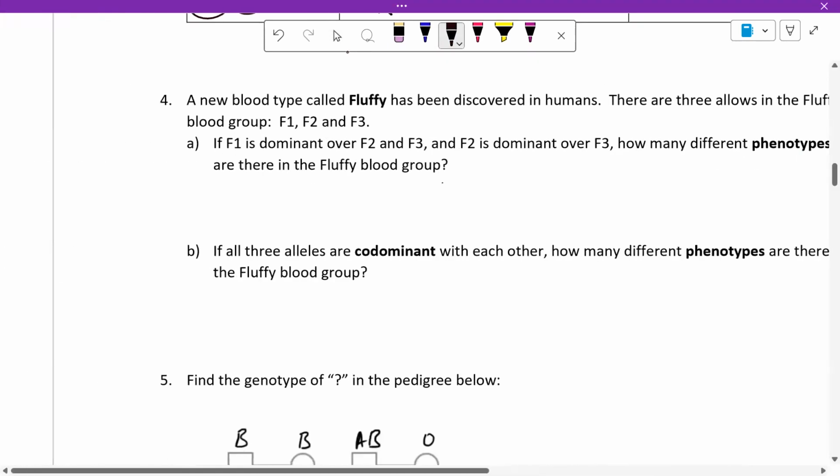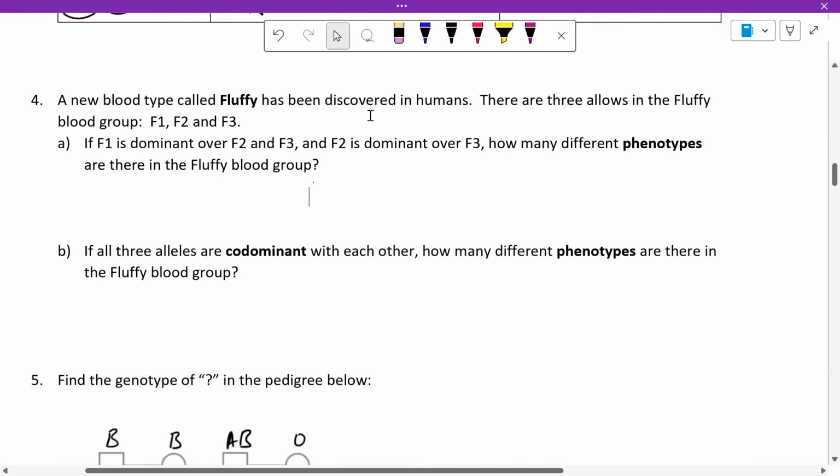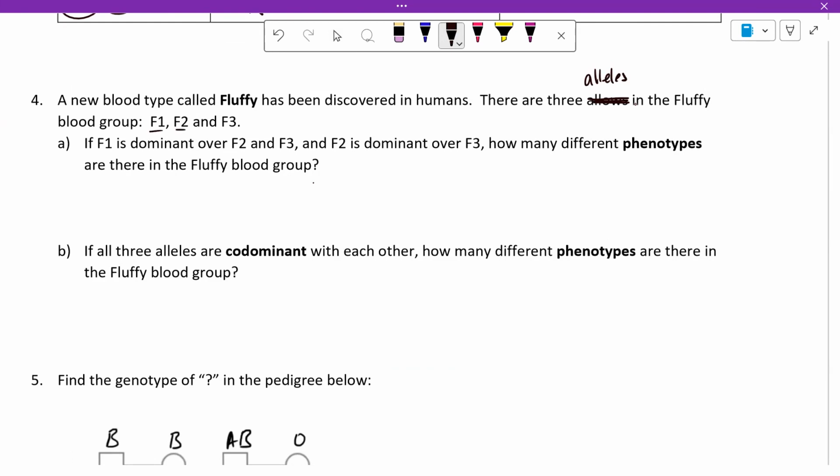Okay, so here, a new blood type called fluffy has been discovered in humans. I just made this up, right? There are three alleles in the fluffy blood group, F1, F2, F3.